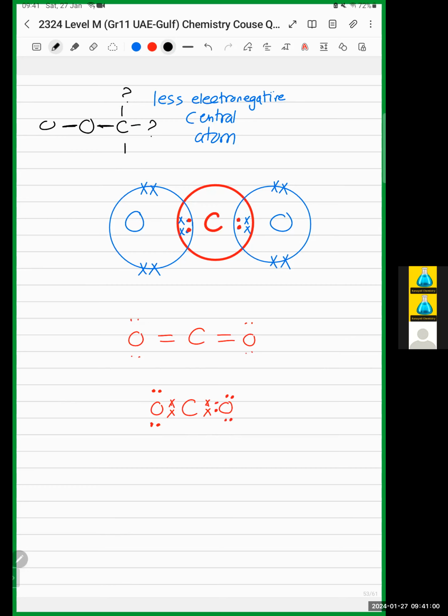What will this be bonded to? When we take electronegativity later, we will know that the element which is in the middle, the central atom, is usually the less electronegative atom. So C is at the middle, and there are 2 oxygens. This oxygen has 4 electrons non-bonded and 2 bonded, and this has 4 electrons non-bonded and 2 bonded.